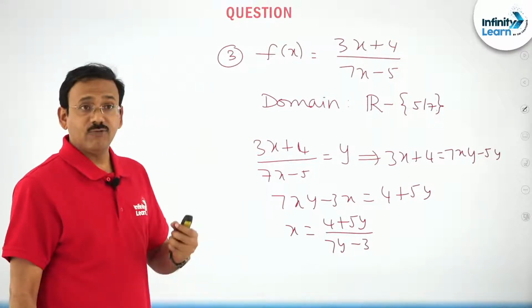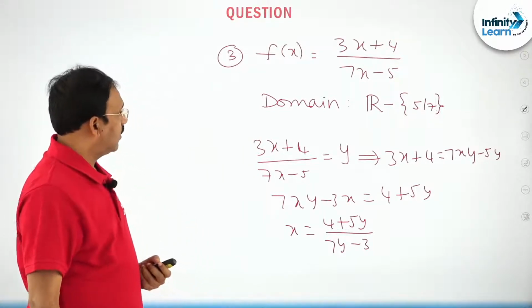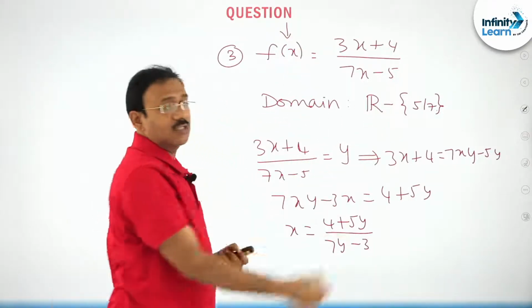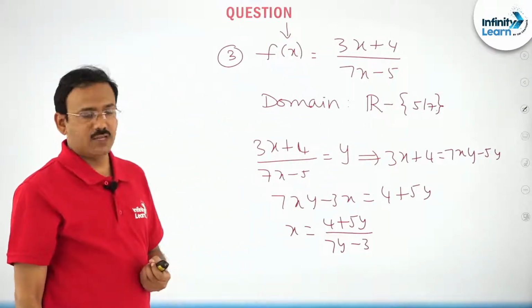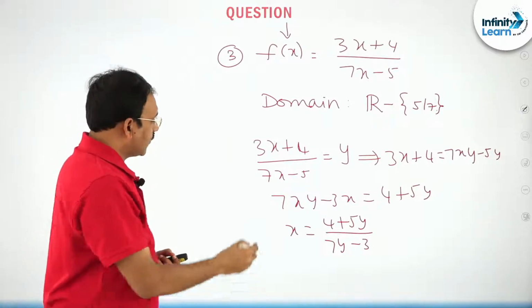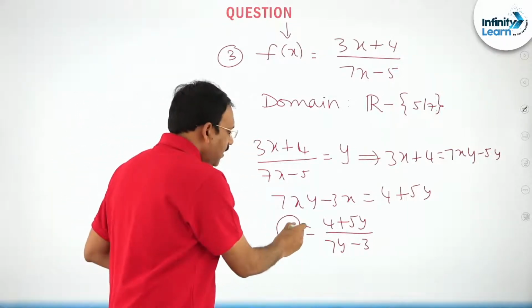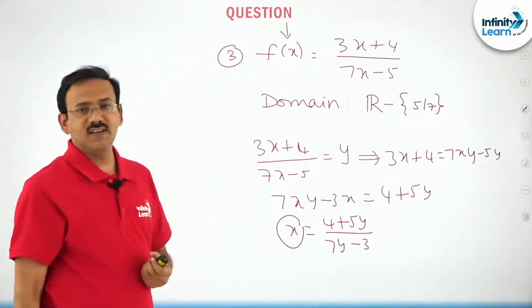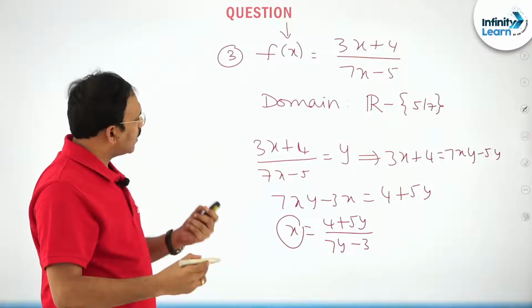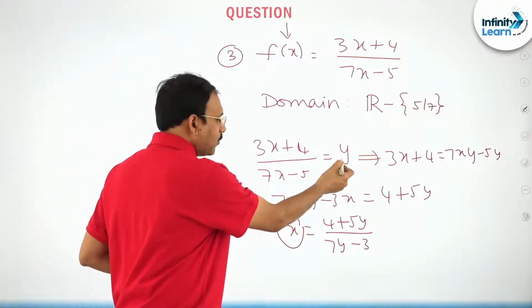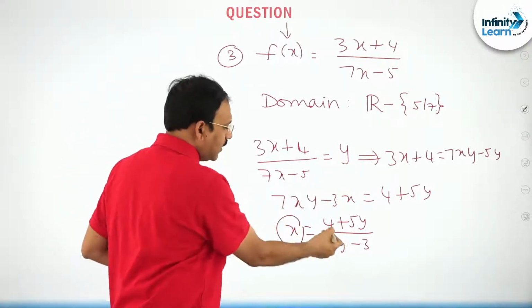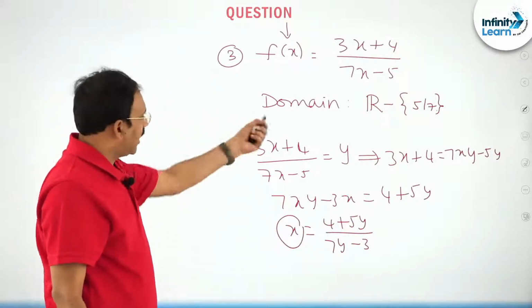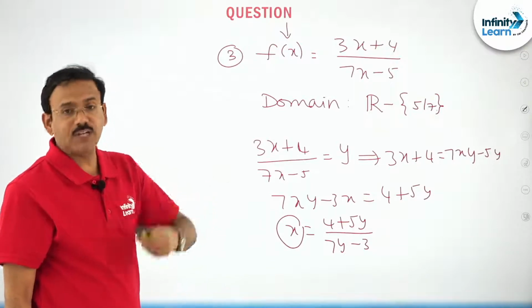Yes. Friends, what does it mean? Generally here we give real numbers for x, we expect real numbers as y outside. So here x is real means y can be any real number except y is 3 by 7. That means whatever output you want, suppose I want y equal to 1, you put y equal to 1 here, you get 9 by 4. If you give 9 by 4 as the input, you will get output 1.